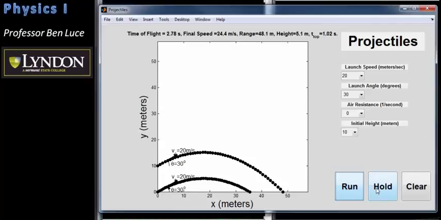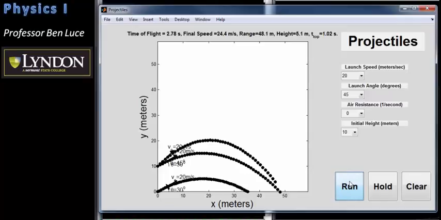Let's try a steeper angle, 45 degrees. In this case, we see that the projectile traveled almost the same range, just slightly farther, but substantially higher.